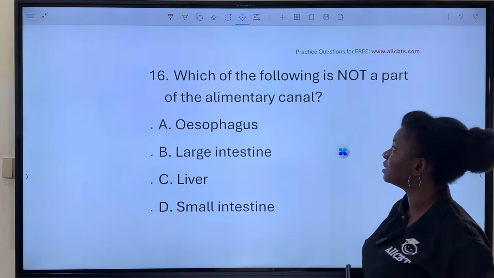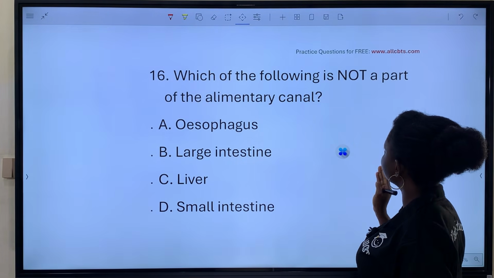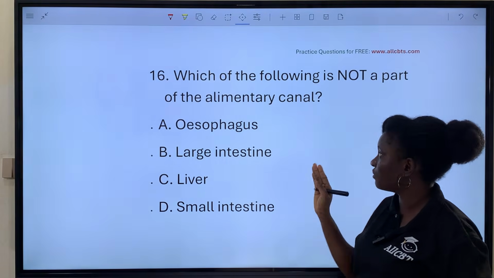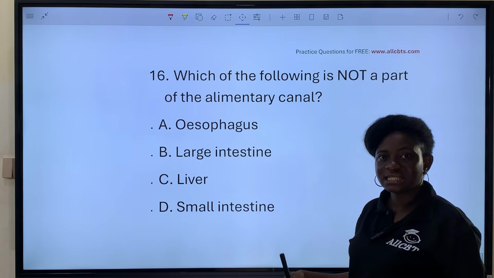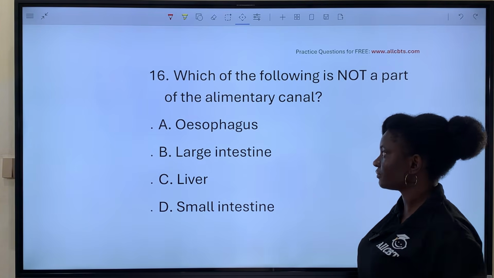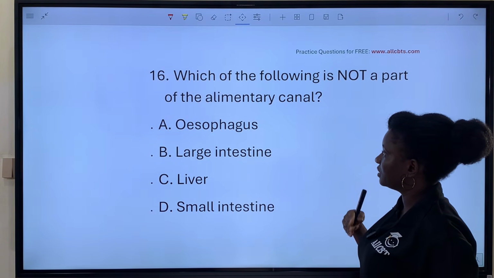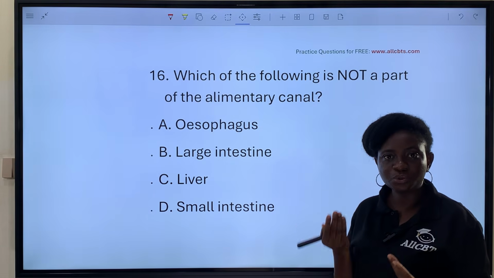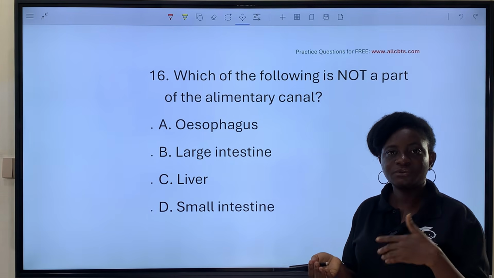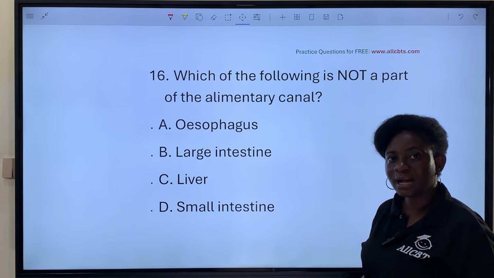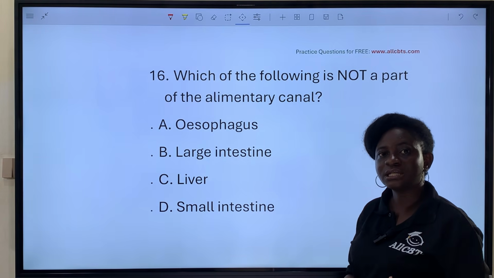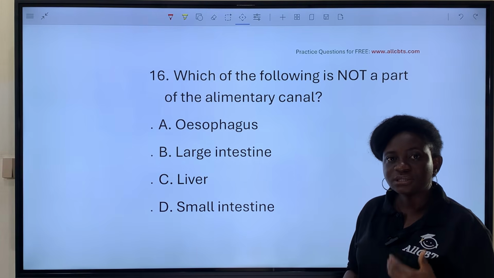Question 16. Which of the following is not a part of the alimentary canal? What is an alimentary canal? That's the digestive system, right? When you take in food, how is the food digested? From the mouth, it goes to the esophagus, then to the stomach, where necessary enzymes act on the food.